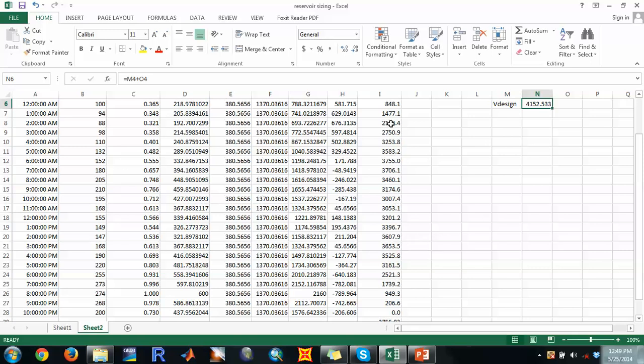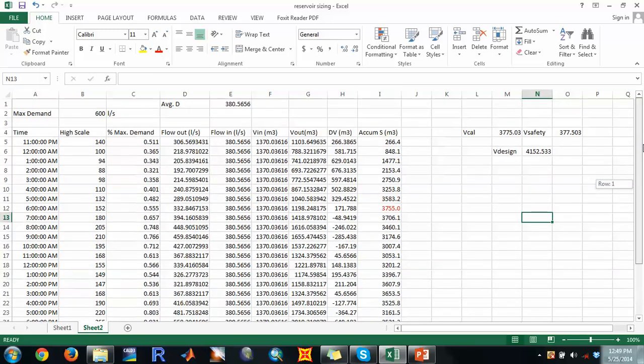If you see in this case, the accumulated volume will increase, reaching 3775 at this point, and then start decreasing. That is the maximum storage that our structure needs to carry. So that is how we come up with the maximum storage design.